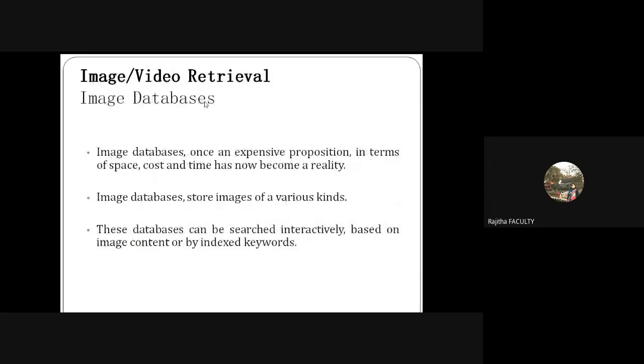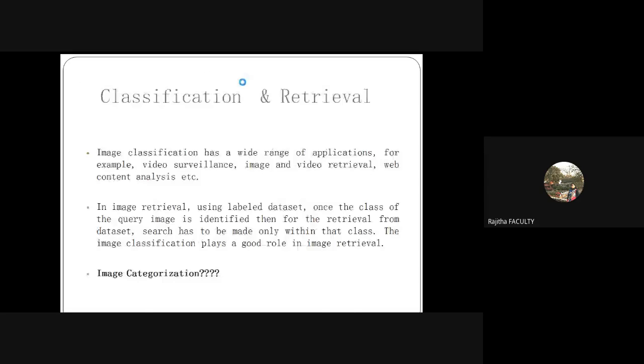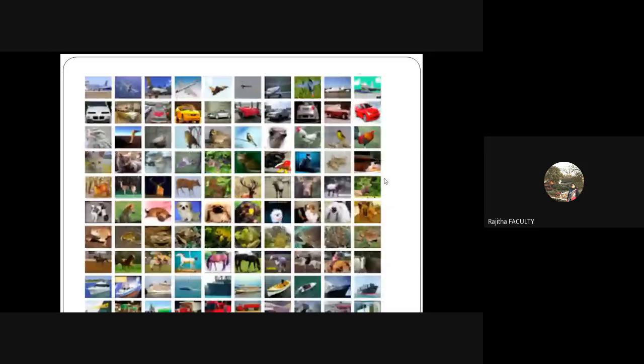Now if I talk about image retrieval, the main agenda is that I have thousands of images on the server side. Suppose from these I want to track only the bird images, and I want to display only the bird images.